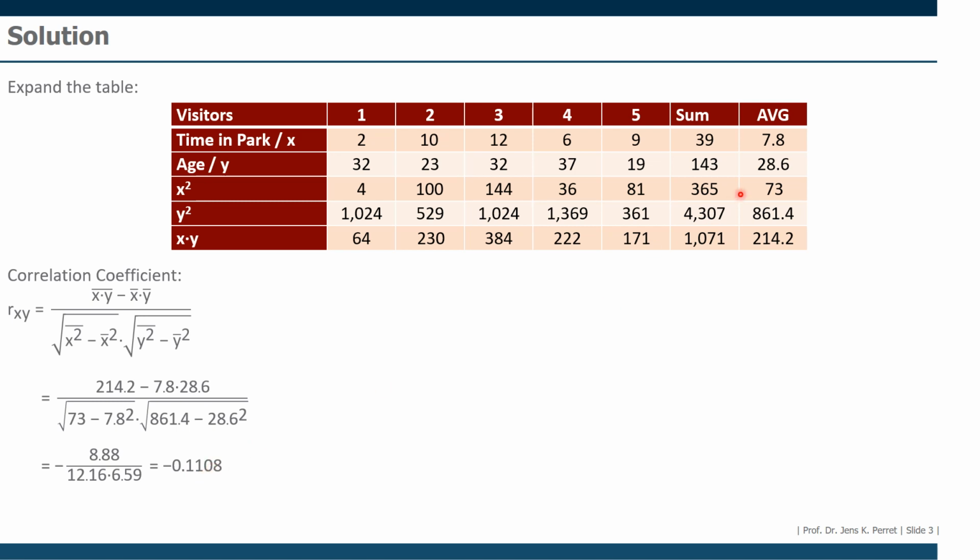Also, if you just want to check whether you did the work decently well, you could take a look at the averages and check whether they are somewhere between the values listed here. So there need to be values larger and values smaller than those averages. If you didn't fill in this part here, you might simply check x squared and compare this with this value here.